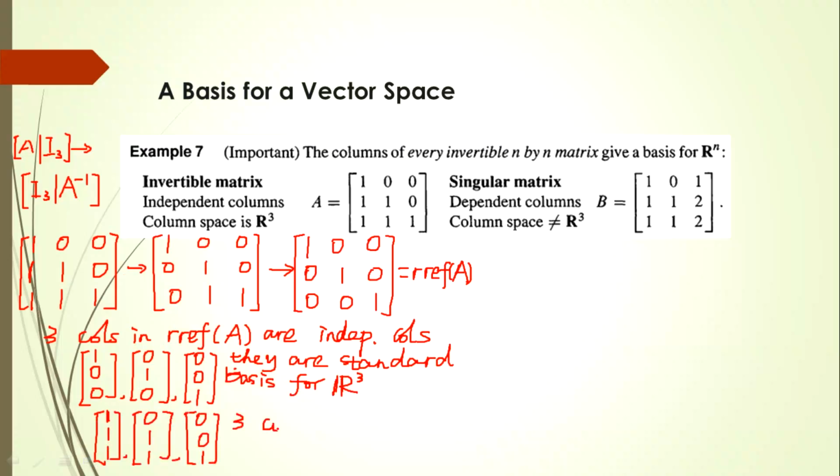Those 3 columns in A are also independent, right? It's the same. Those 3 columns in A are also independent, and they are bases. They are not standard bases. They are bases for R3.